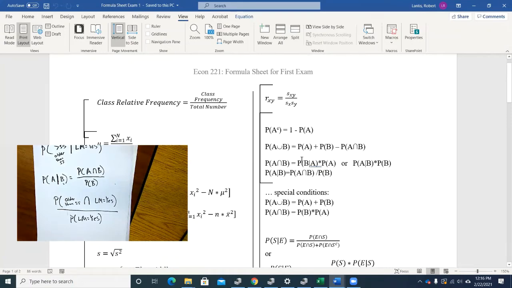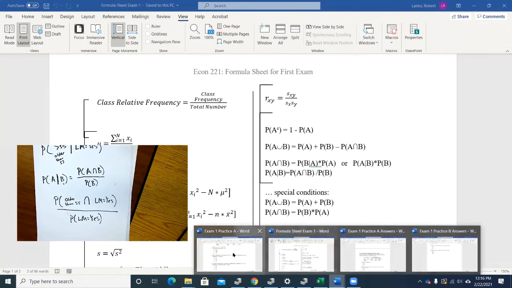Over here on the right-hand side, we have that the conditional probability is the probability of the intersection of these two events divided by the probability of what we're conditioning on. So that's how I got the general form of the equation to solve for the conditional probability of A.